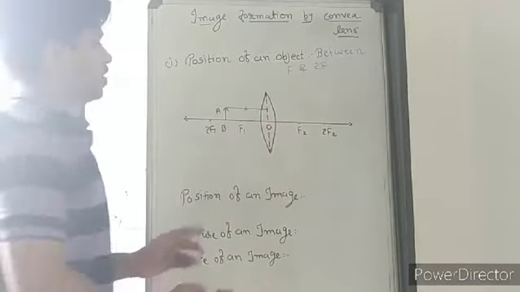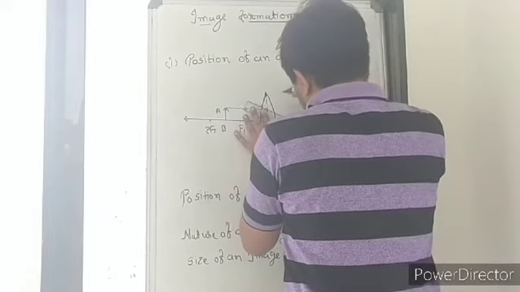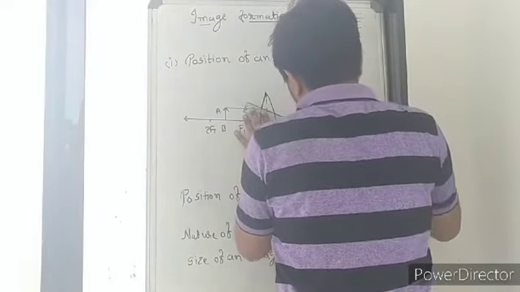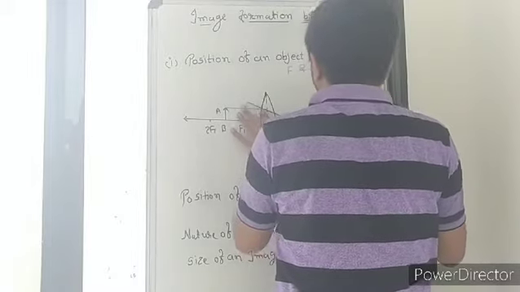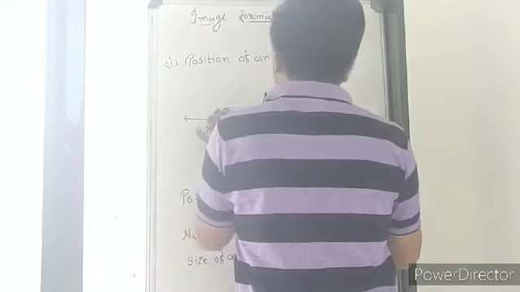After refraction, it passes through F2, and the other ray should pass through O.